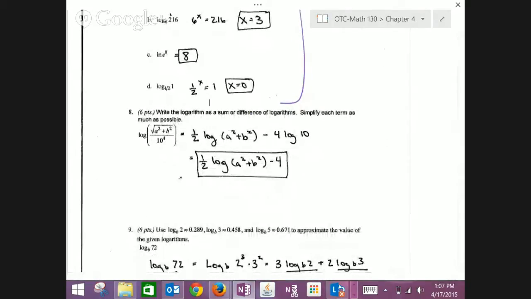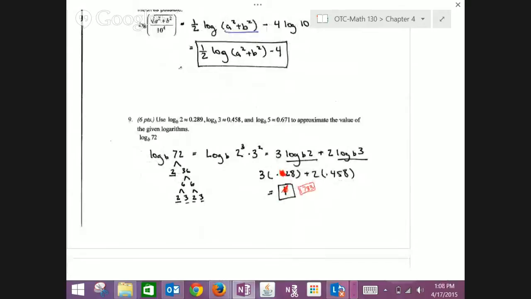Number 8, some of you did some things with this a squared plus b squared. You can't separate that any more. I also took off a point if you didn't simplify log of 10. Number 9, most of you on the take-home part got that right or left it blank.